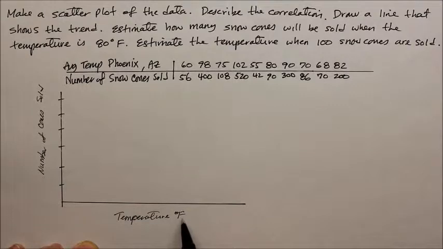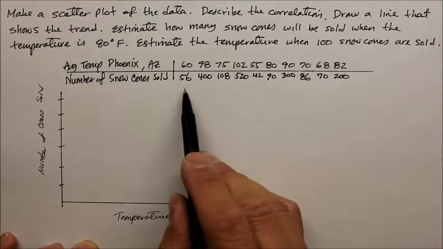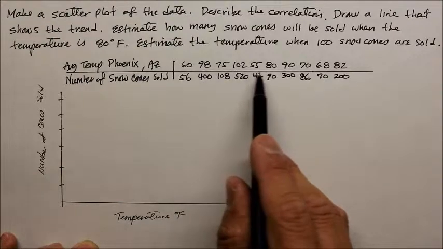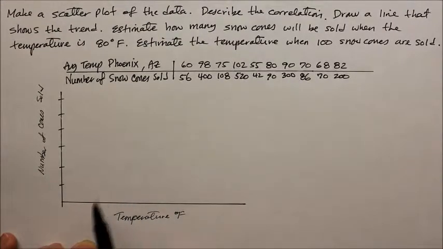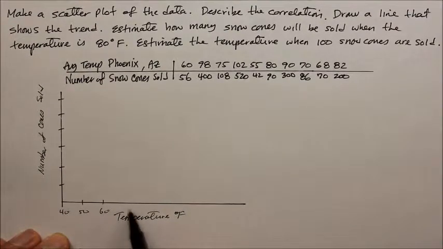I don't know how to spell Fahrenheit, so I'll just call it F. Since the lowest temperature given to us is 55, let's make this 40, 50, 60, 70, 80, 90, 100, 110. I don't think we need anything more than that. Just fill the space.